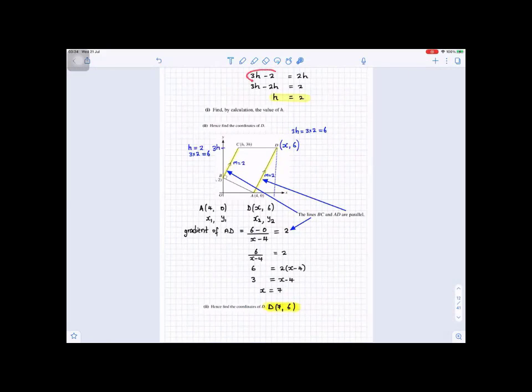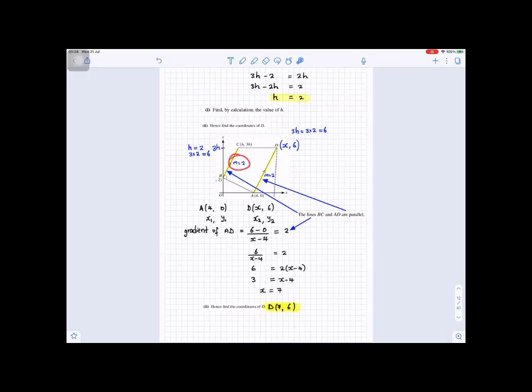So you have 3h minus 2 should be equal to 2h. 2h goes to the left, it becomes minus 2h. So 3h minus 2h is equal to 2. So that will give you h is equal to 2, which is the value of h. Hence, find the coordinate of D.